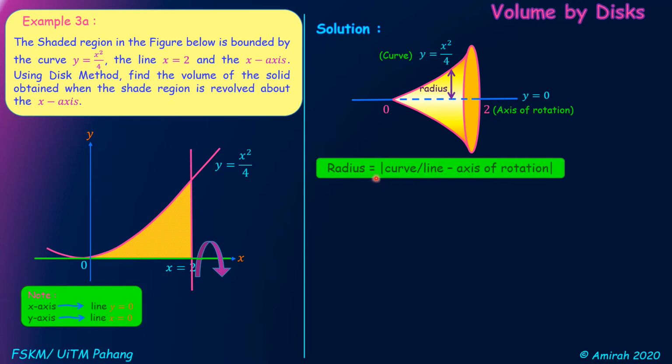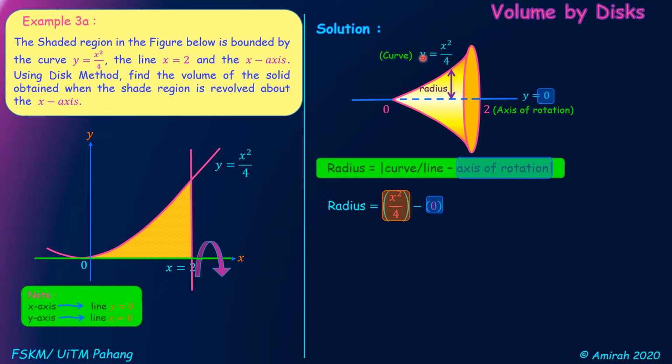Since radius means the distance between the curve and the axis of rotation, we can write it in modulus symbol: radius equals curve or line minus axis of rotation. So we get radius equals curve or line, which we replace by x squared over 4, minus the axis of rotation, which we replace by 0.